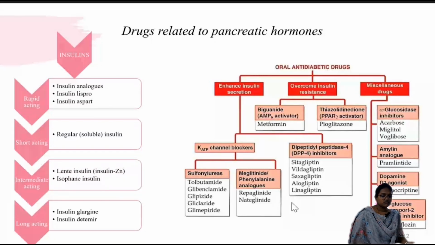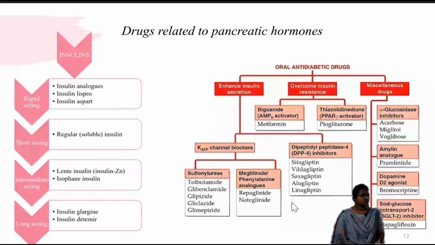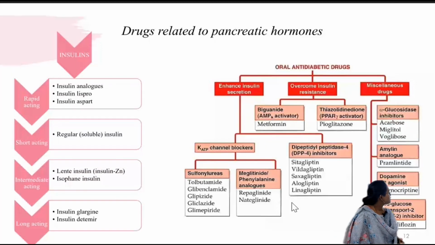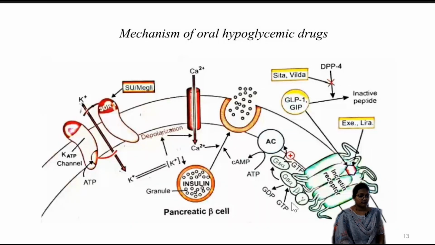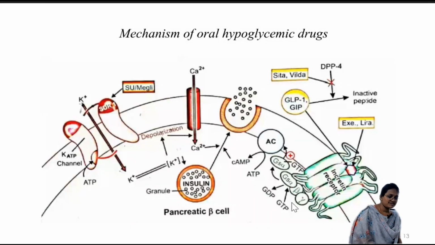Using the mechanism of action, the classification is seen, and the side effects are also required for you to study. Coming to the mechanism of action, sulfonylureas act on the potassium channels, blocking them, causing depolarization and an increase in calcium levels, due to which insulin secretion increases. Due to high insulin secretion, the glucose uptake increases.